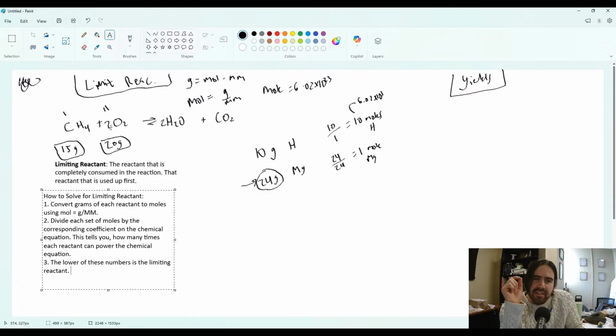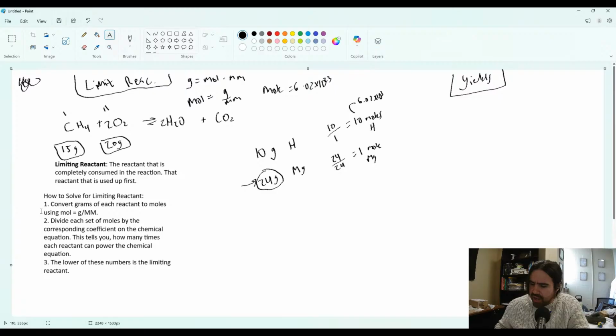Why? Because the lowest number is only able to fuel the smallest amount of cycles. Okay, so let me put this into an example. Actually, no, let's just walk through this problem, and then we can hopefully crystallize this concept.